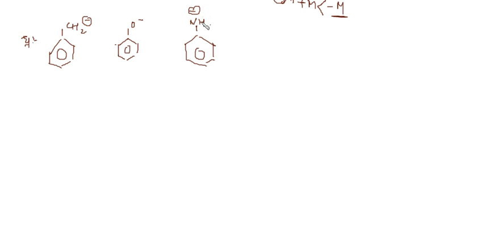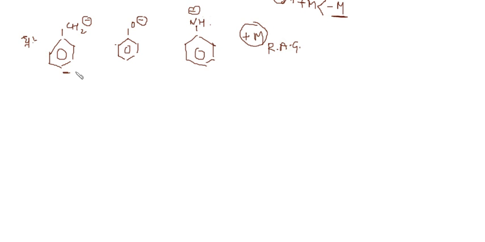Now if we have to compare the electron density in the ring, we know all these three are plus M groups. Okay, all these three are ring activating groups. Now we have to compare their strength, the electron density in the ring.